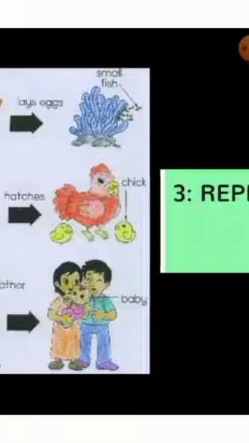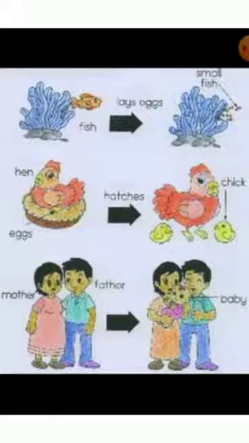Okay, the third main characteristic of living things is reproduction. All the living things have an ability to reproduce young ones of their own type. Okay, animals lay eggs or give birth to their babies, and plants produce mostly seeds, and then these seeds grow into young plants, and this procedure is called seedling.